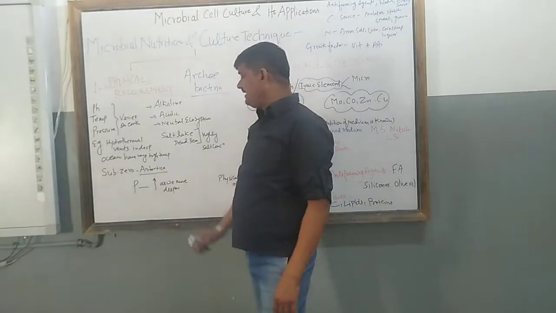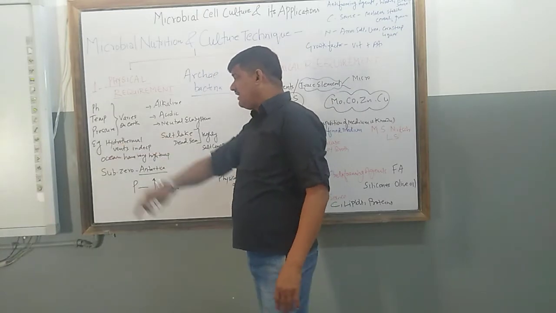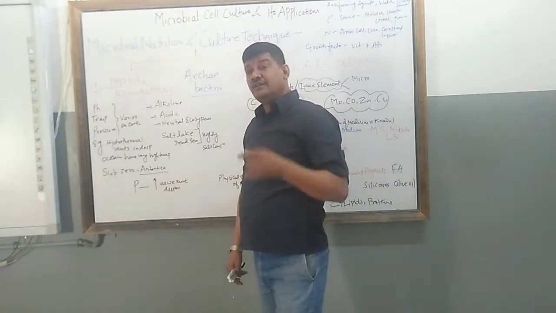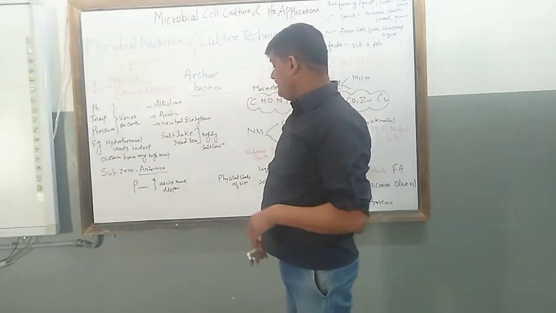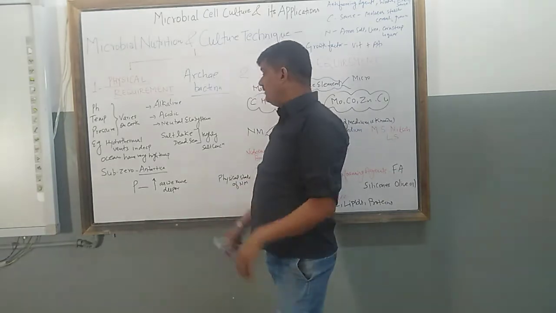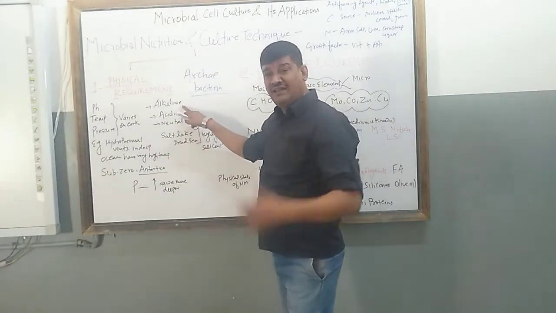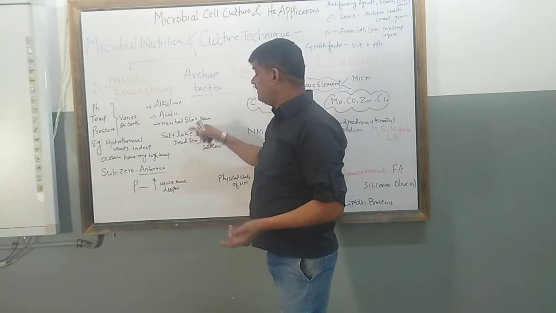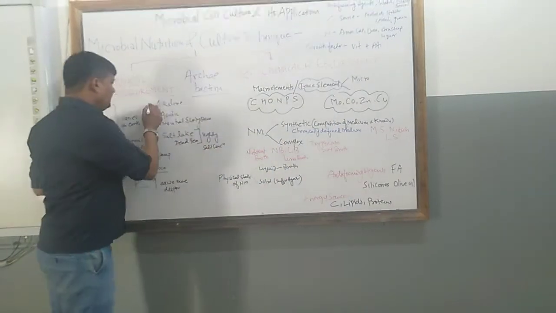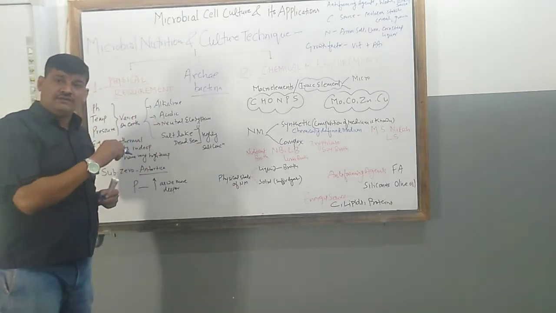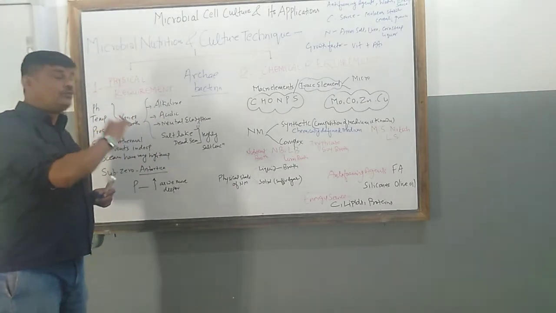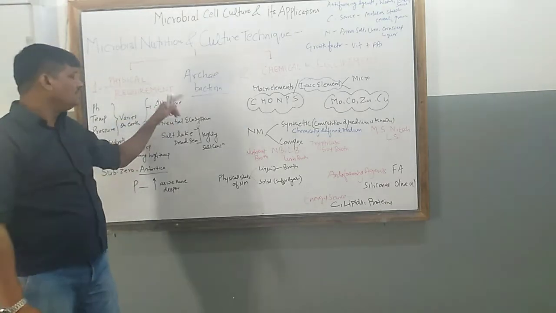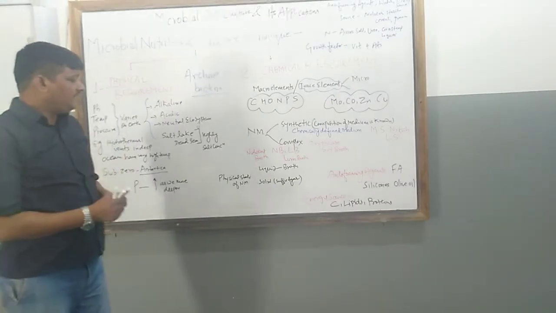Apart from that, the hydrothermal vents in the deep ocean have very high temperature and also high pressure. Apart from that, there are alkaline ecosystems, acidic ecosystems and neutral ecosystems. These are the unique features of a microorganism, so we must know which one is required for the proper growth and culture of the microorganism.